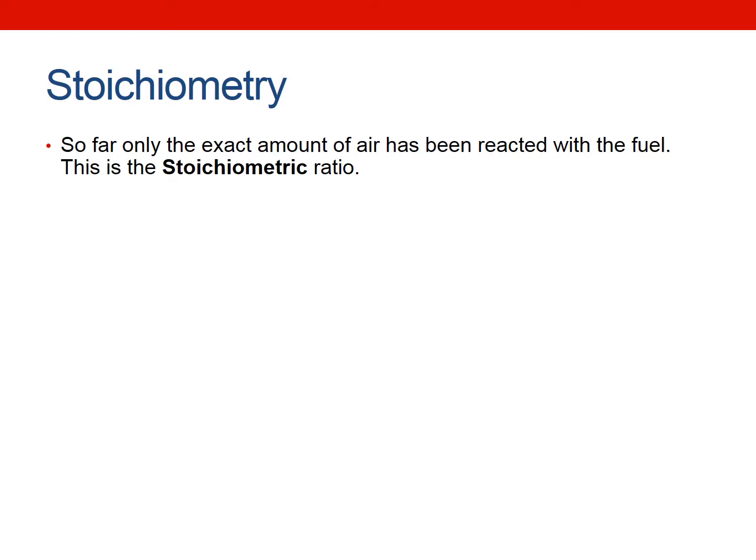Okay, so far we've only been considering the exact amount of air that has to be reacted with the fuel. So a few slides back, we used methane, and we said we needed 2 lots of oxygen to combust with that methane to give us the exact products.